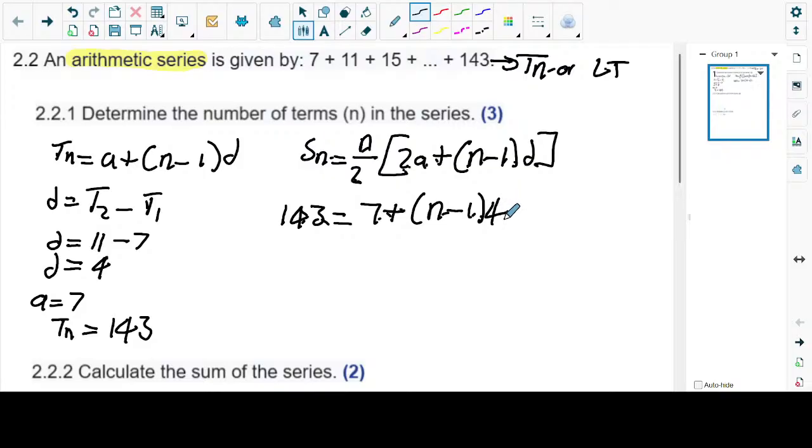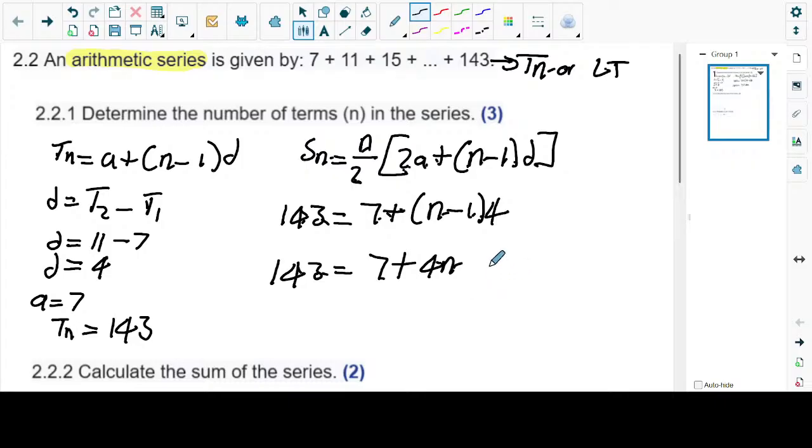So 143 is equal to 7 plus 4 multiplied by n. Misconception: learners also multiply the 7. We don't multiply 7, it's not part of the brackets. So we have 4 multiplied by n, we get 4n.